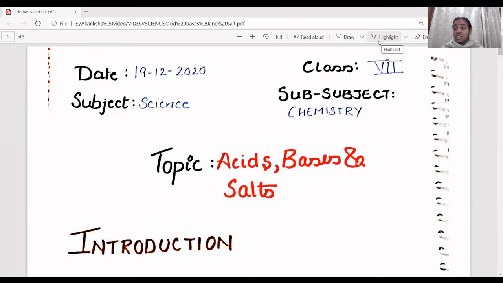So that is acid. So acid is sour in taste, and there's a litmus paper. If you go into your chemistry lab, just pick up a litmus paper, and if you want to see whether that is an acid or not, you will see that the color of the litmus will change from blue to red. Now that is an acid, right?